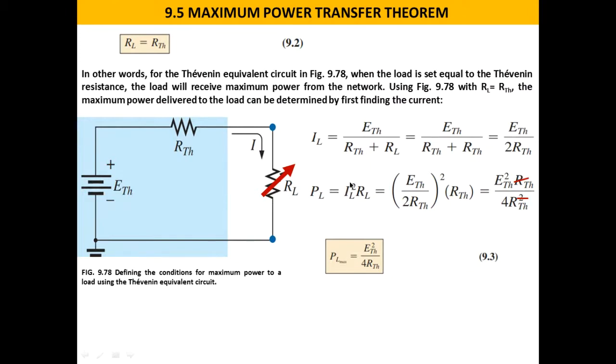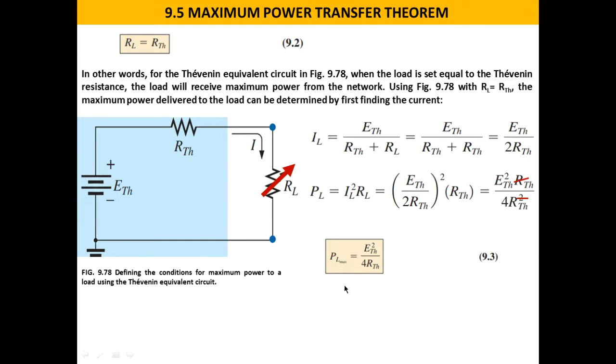PL equals I squared times R. Here it is E Thevenin divided by 2 R Thevenin, squared, times R Thevenin. Here we have R Thevenin in the numerator and R Thevenin squared in the denominator. We can simplify by R Thevenin. So we will have E Thevenin squared divided by 4 R Thevenin.